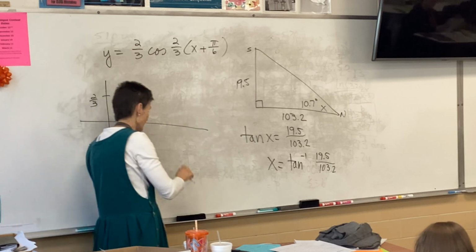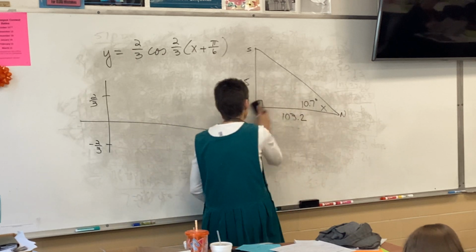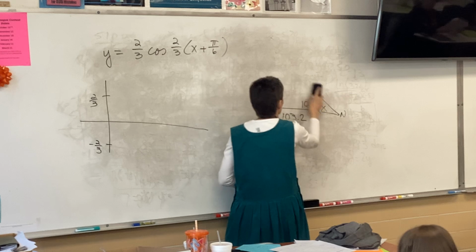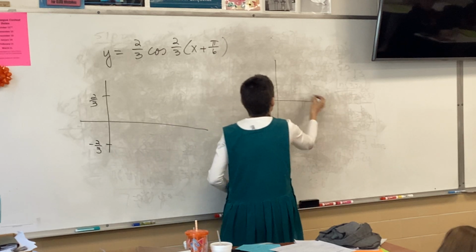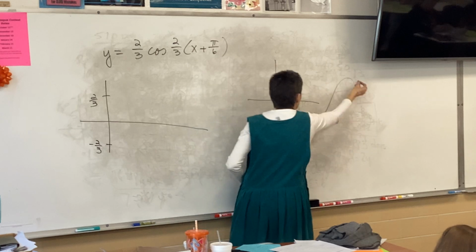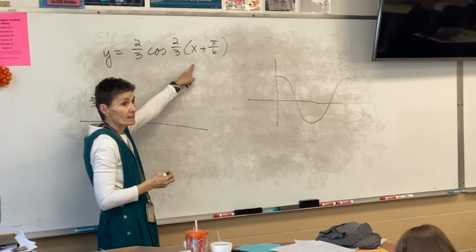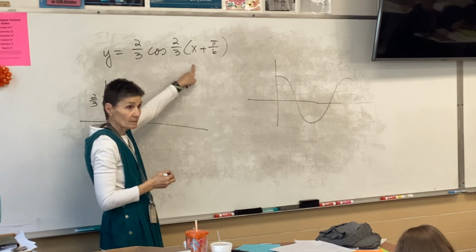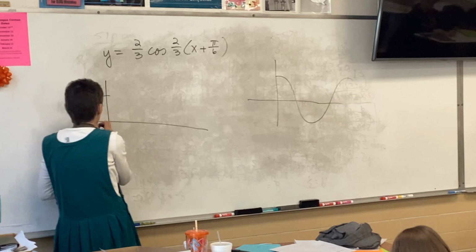Normally, I know that a cosine under normal circumstances starts here and does this, right? That's what a cosine does. But this one has a horizontal shift, so it's going to go left pi over 6.